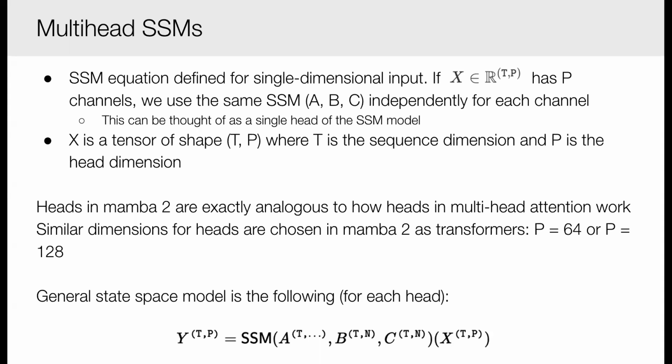So similar dimensions are chosen between Mamba 2 and transformers to compare them. A Mamba 2 would have a multi-head of 64 or 128, and it would be compared to similar multi-head attentions in transformers. And so the general state space model for our multi-head attention is you just add the parameter P, and then you have basically the same equation. So y is a function of x put into your SSM.